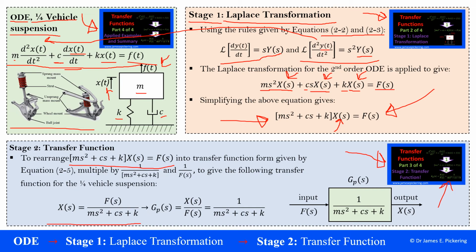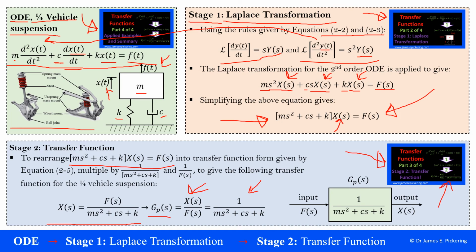Then multiply both sides by 1 over F of s. If you multiply both sides, it's effectively cancelling. It just becomes 1 over ms squared plus cs plus k, and this will become X of s over F of s. I've used the notation G subscript P for process because it's the quarter vehicle model.